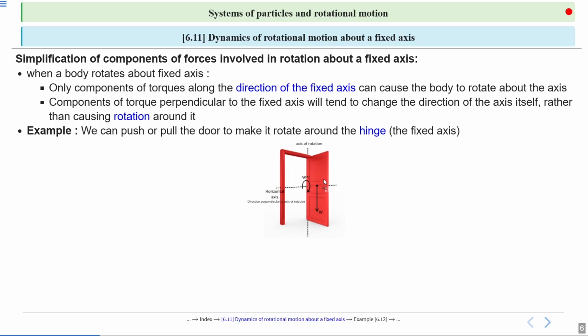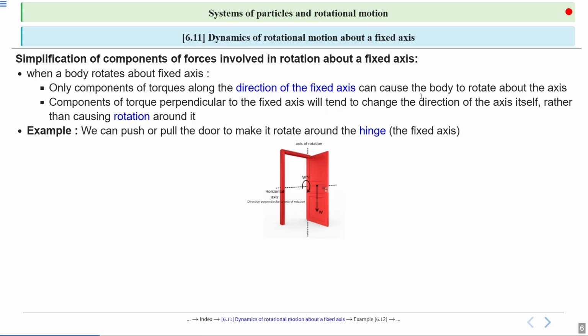That is rotation because I am applying force perpendicular to the door at some specific distance from the hinge. This creates torque which causes rotation. So only the component of torque along the axis of rotation will cause rotation.